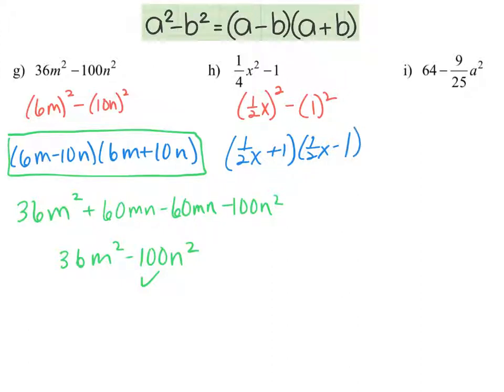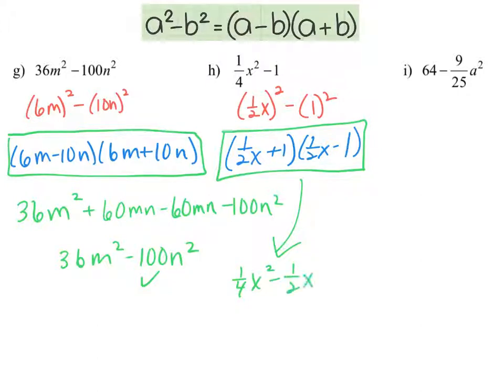And again, when you're writing factors, it doesn't matter what order they appear in, because when you multiply, it all simplifies in the end. And then we can do our check step here by using the first, outer, inner, last. We get 1/4 x squared minus 1/2 x plus 1/2 x minus 1, which simplifies to 1/4 x squared minus 1.